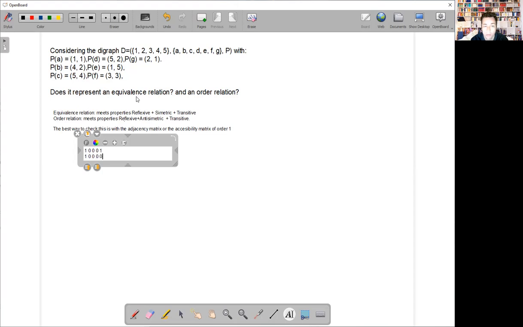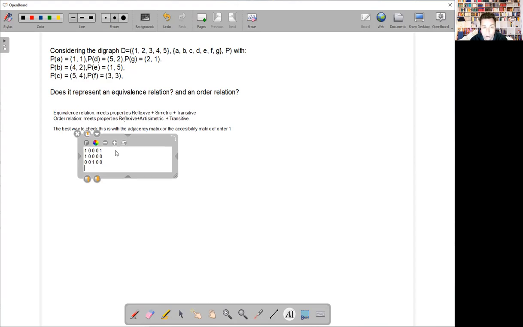And we don't have from 2 to 5. We go to the third row, third vertex, and we don't have from 3 to 1. We don't have from 3 to 2. We have from 3 to 3, right? We have a path of length 1 from 3 to 3 because we have an edge from 3 to 3, the edge F. We don't have from 3 to 4, and we don't have from 3 to 5.